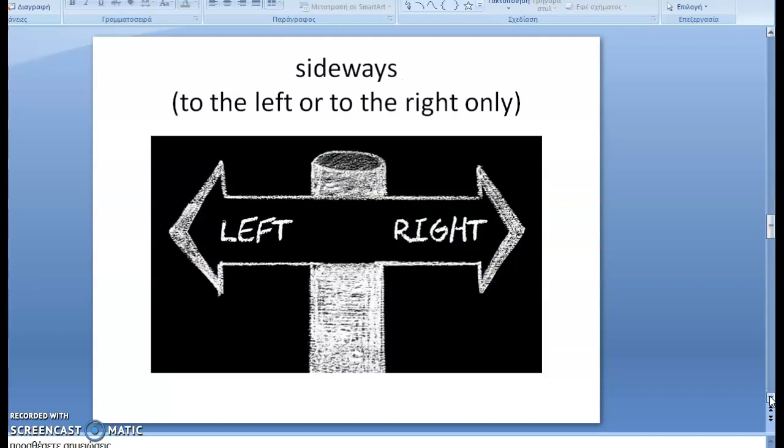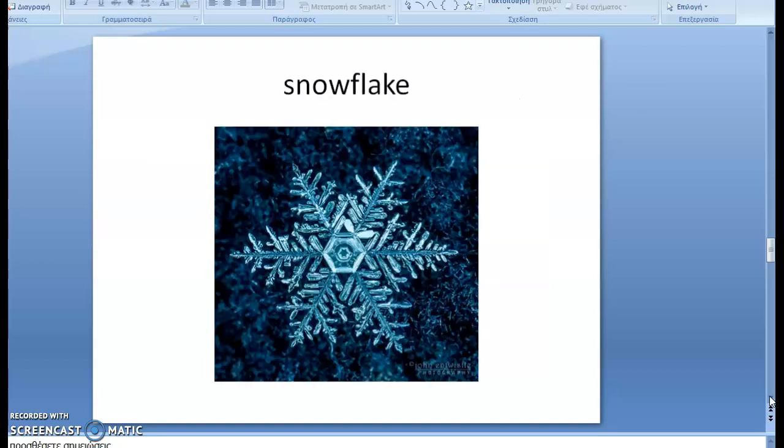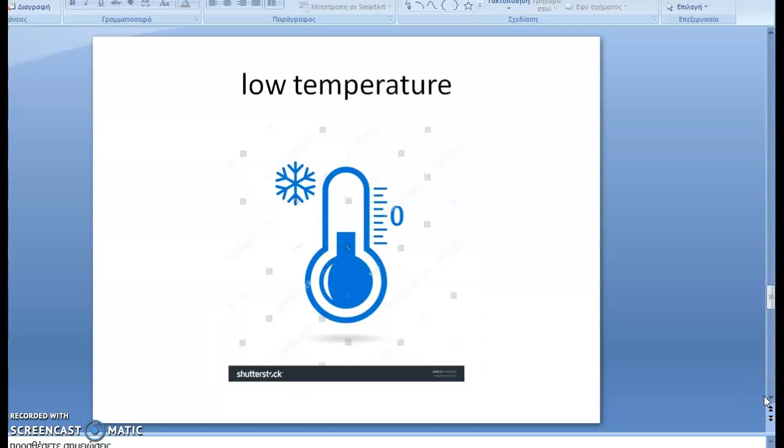Sideways. When something goes to one side, to the left or to the right. Remember the boy. Snowflake. The small pieces of snow that come out of the sky. Low temperature. When the temperature is around 0 degrees Celsius.